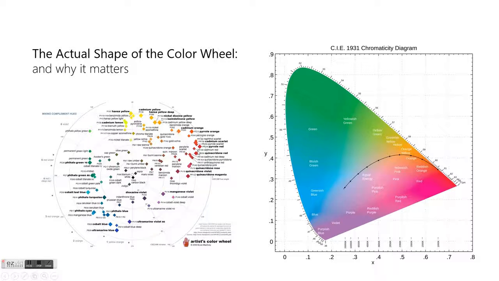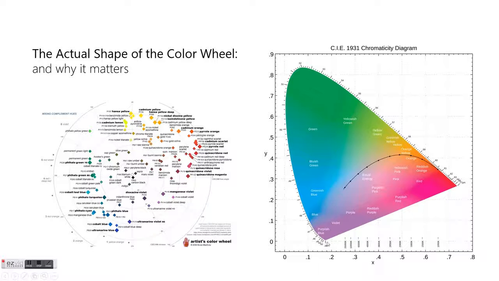That the halfway between yellow and red is the same distance as the halfway distance between blue and yellow. And that's a nice fiction, but it isn't really completely accurate.